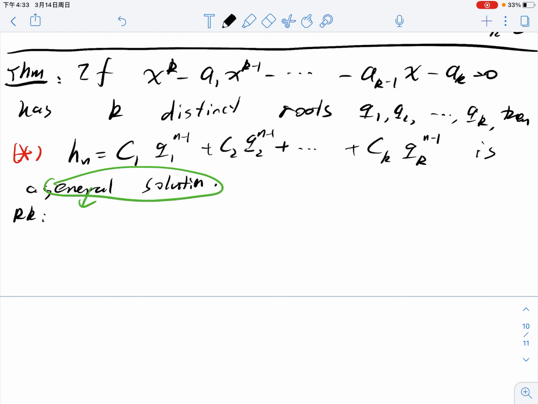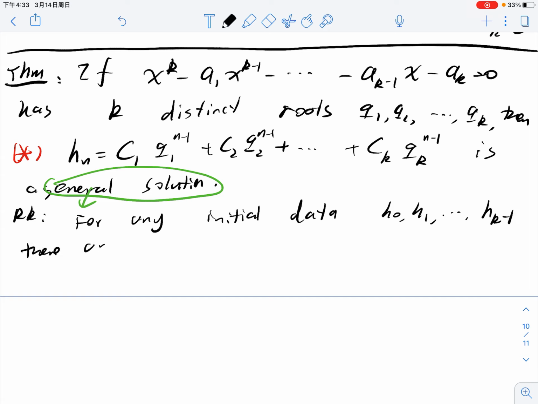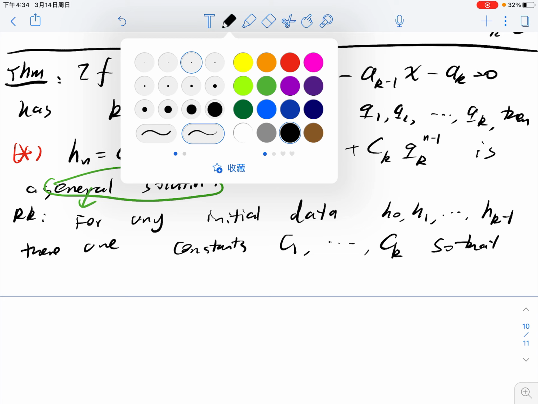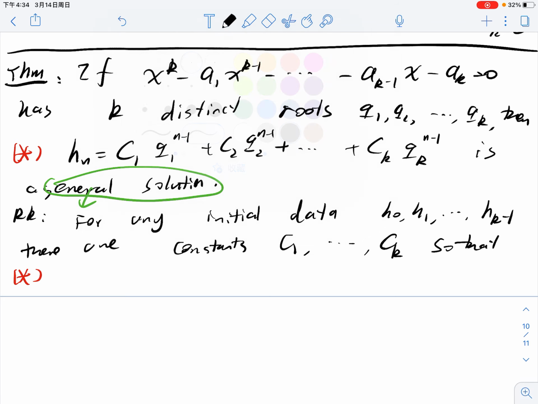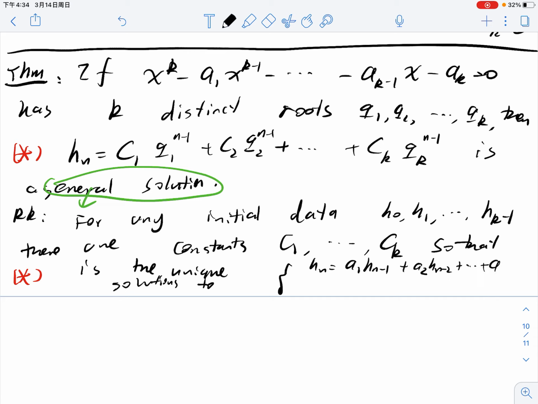It means for any initial data H0, H1, up to Hk minus 1, there are constants C1 all the way to Ck, so that the corresponding star is the unique solution to the corresponding problem where the recurrence relation is given by A1 Hn minus 1 plus A2 Hn minus 2, blah, blah.